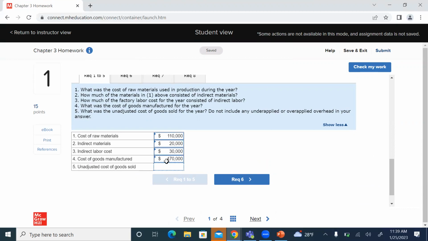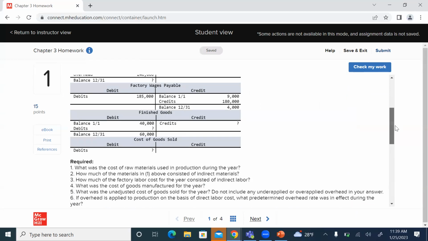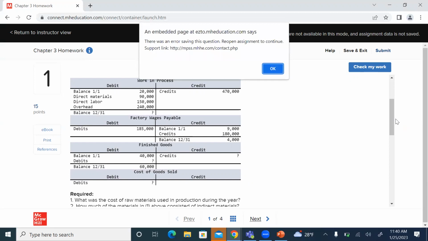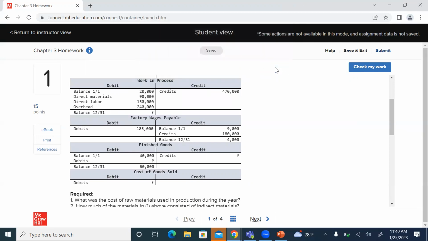What is our unadjusted cost of goods sold? So how do we figure that out? Let's go look at our finished goods. Our finished goods started with 40,000. Didn't we add to that 470, right? From work in process. So a total available for sale is our 510. What is our ending balance in finished goods? 60, right?